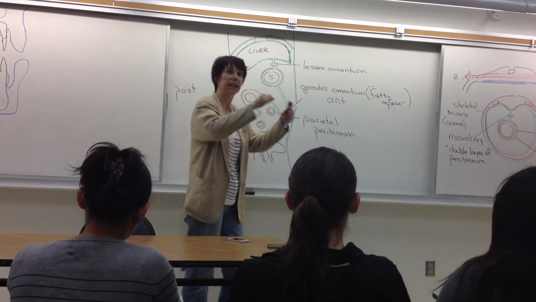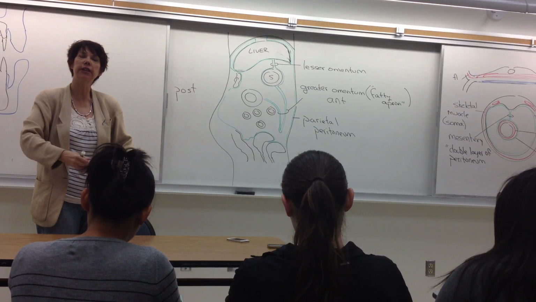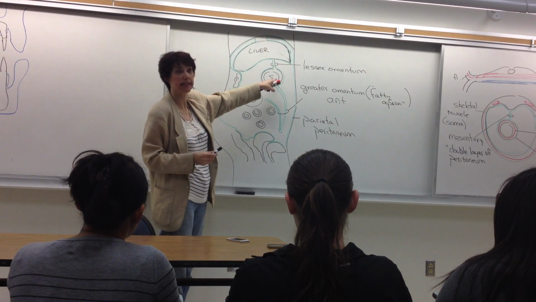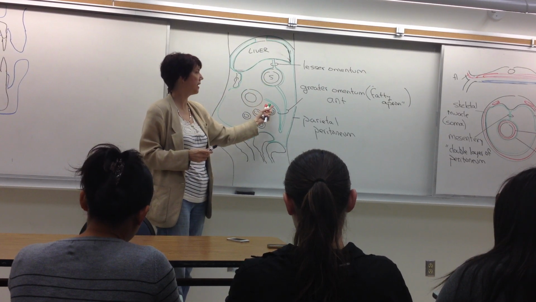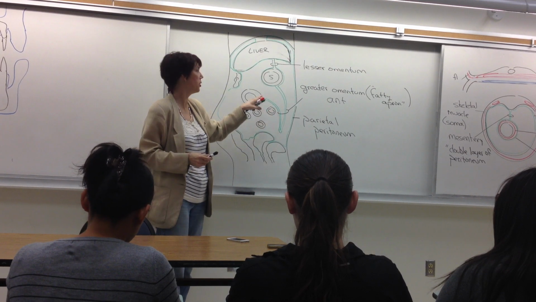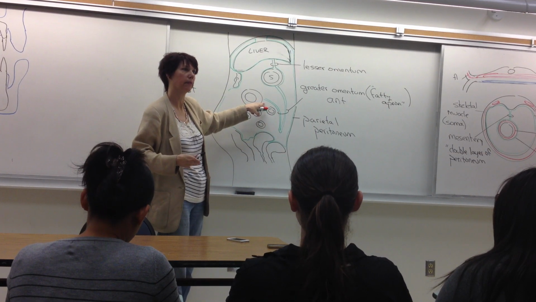And it can actually be lifted up because it hangs over and covers the small intestines, as you can see. Now when you lift it up, you can't see the stomach because you're seeing the inferior surface, the deep surface of that fatty apron. But you will see the transverse colon.